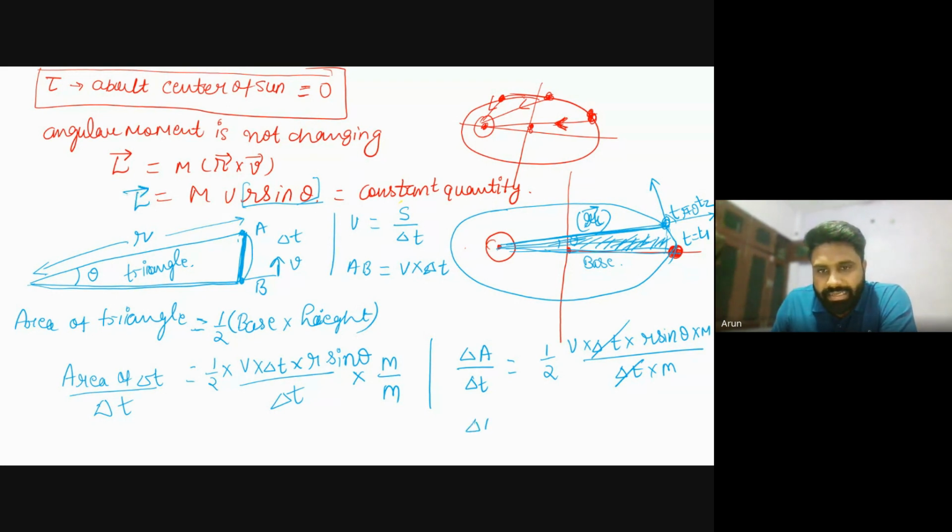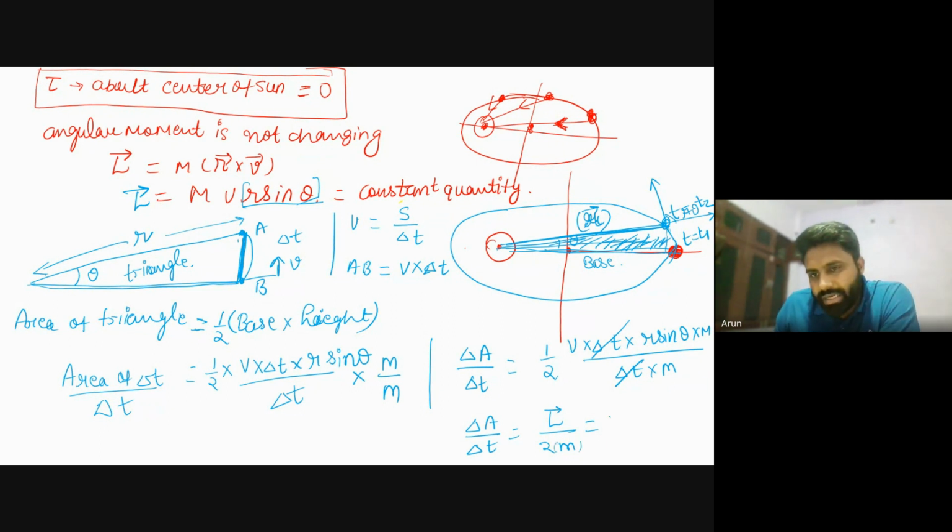So this delta A by delta T is equal to L vector by 2 times of mass, because this angular momentum is constant. So this whole expression, which is L vector divided by 2 into mass. Mass is a constant quantity.